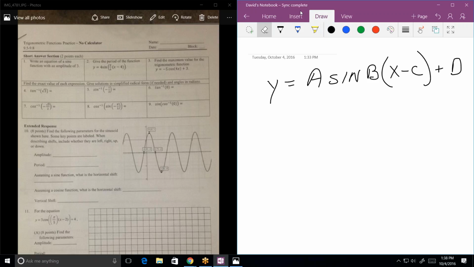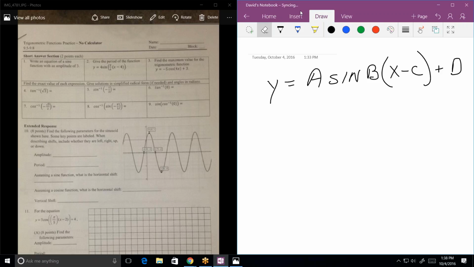And then if they really want to get hard, they'll give you a word problem involving tides or seasons or any periodic function and ask you to come up with the sinusoid of that model. So this can get kind of tough, but it's very, very important that we establish a standard as to what our general format's going to be.